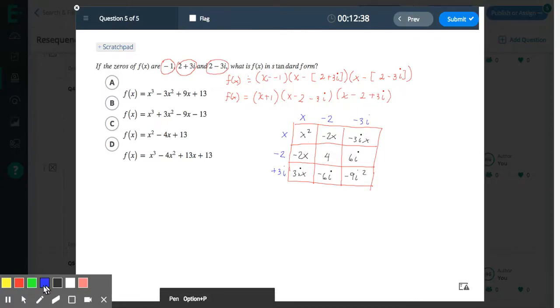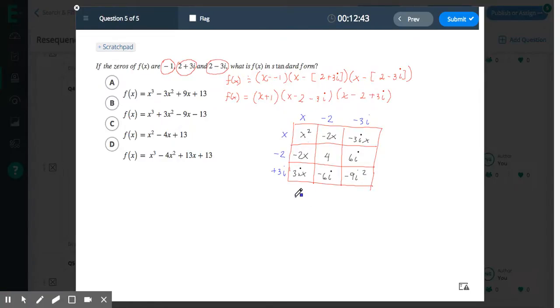So to simplify this, we'll have x squared, and then -2x and -2x gives us -4x. 3ix minus 3ix gives us 0. So here we'll have 4 plus 4. -6i plus 6i gives us 0.